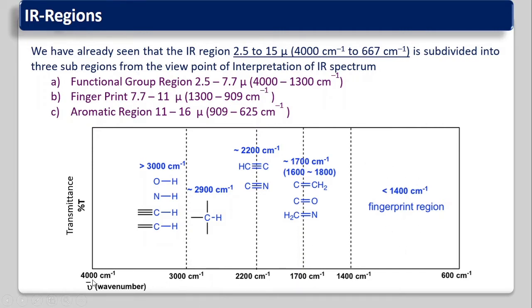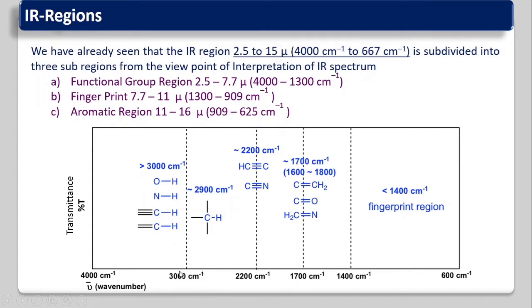From 3000 to 4000 centimeter inverse, we observe the absorption of OH, CH, NH, C triple bond CH, double bond CH; all these protons will absorb in this region.